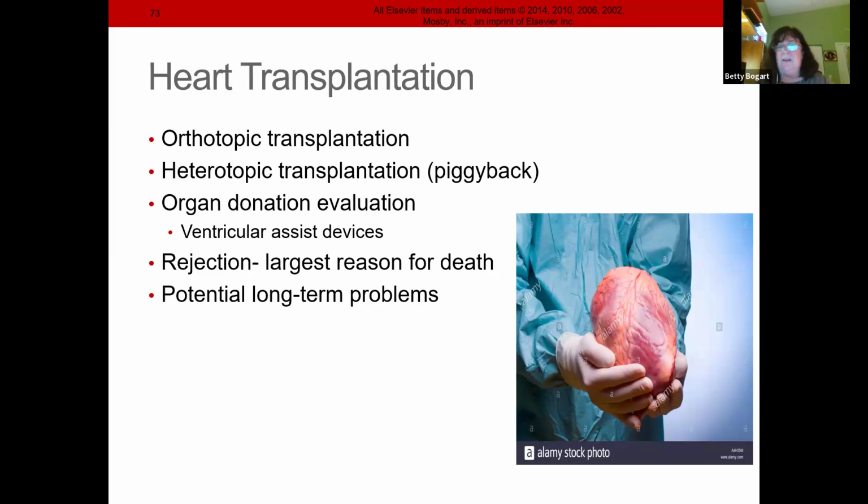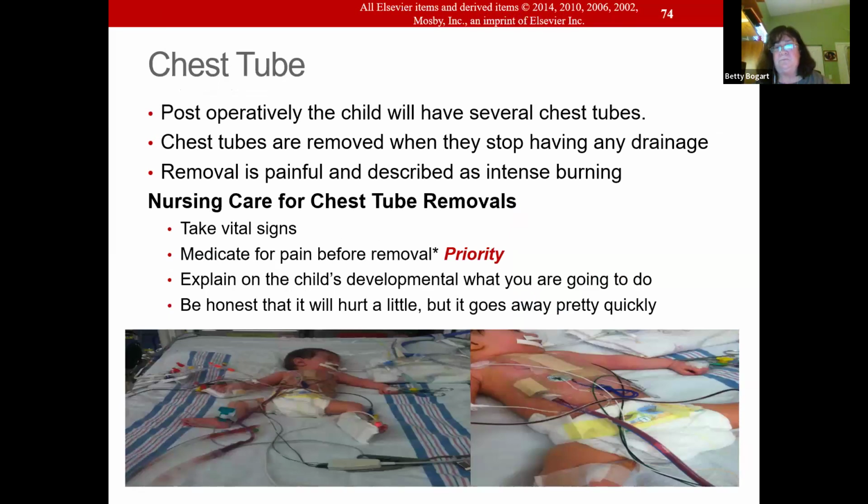Many times it gets to the point where they need a transplant. The biggest thing with transplant is rejection. Many students want to say infection. No, it is rejection that causes the heart to fail.